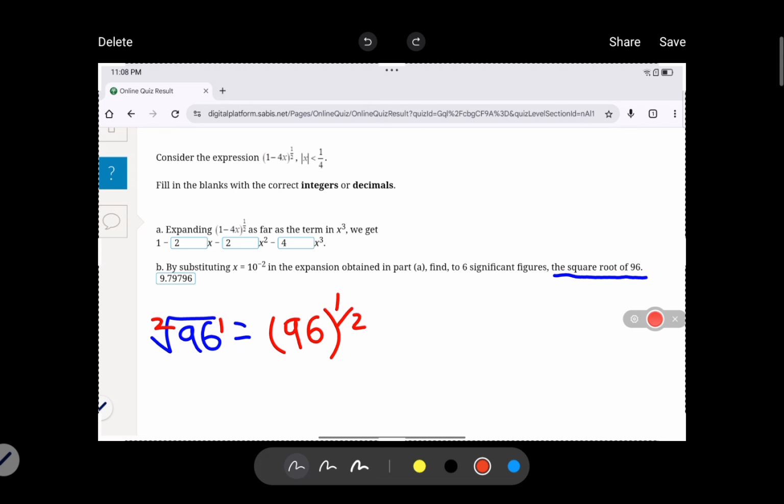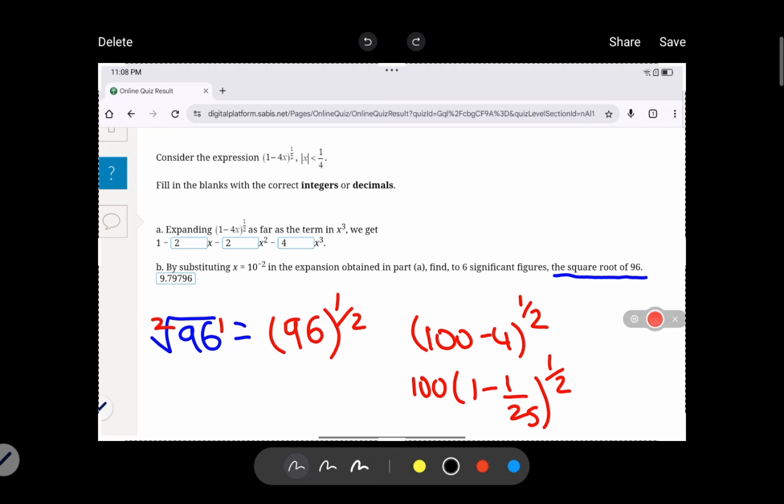Okay. Now, it's also 100 minus 4 to the power of 1 over 2 to make it the same form as this. Okay. Now, you divide by 100. So 100, 1 minus 1 over 25 to the power of 1 over 2. Okay, then what do?